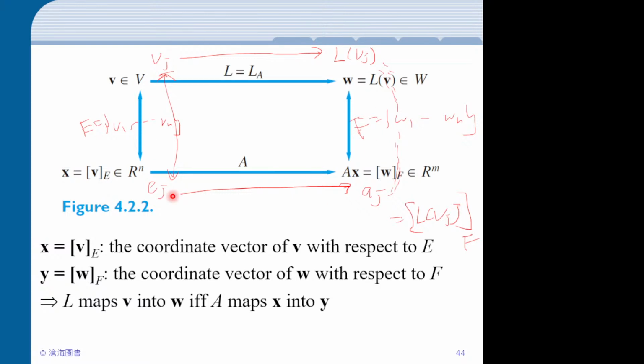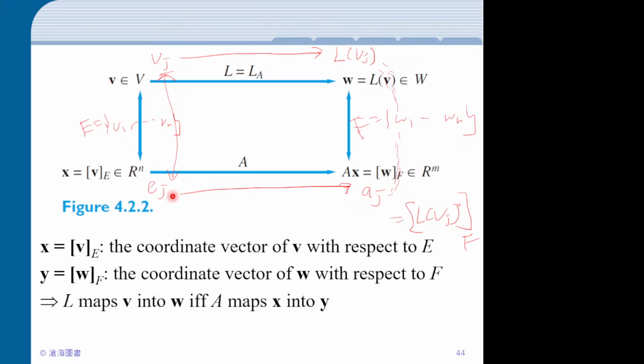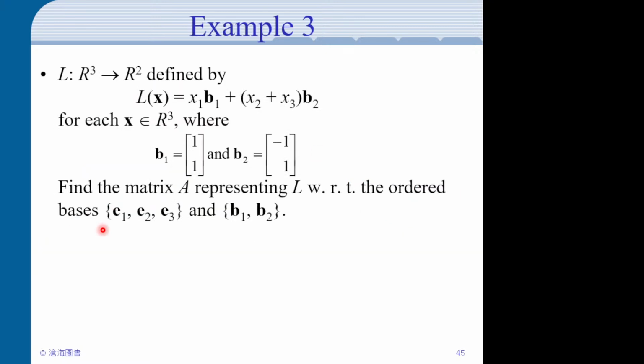To make things a little less abstract, let's see more examples once again. We were talking about V and W very abstractly, but we can also have V and W be Rn and Rm, just picking different bases of them.